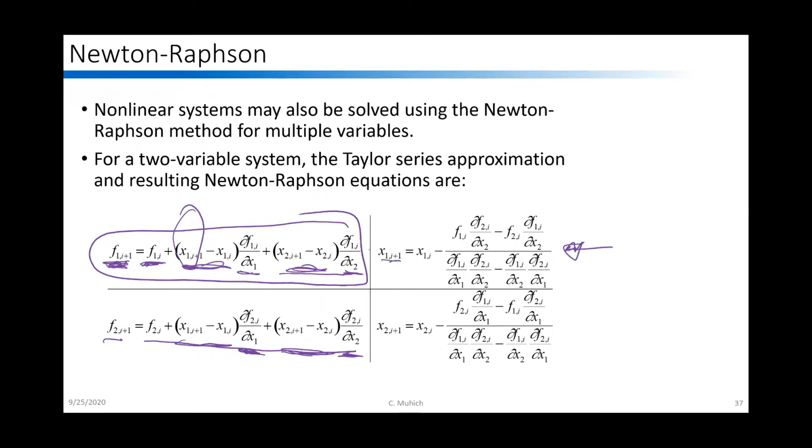So my new value for x1 is the old value of x1 minus the original value of function 1 times the derivative of the second function with respect to x2 minus my current function value of the second function times the derivative of the first function over x2, all over the derivative of function 1 with respect to x1 times the derivative of function 2 with respect to x2 minus the derivative of function 1 with respect to x2 times the derivative of function 2 with respect to x1.